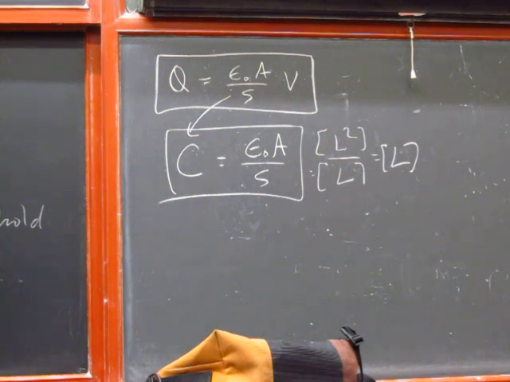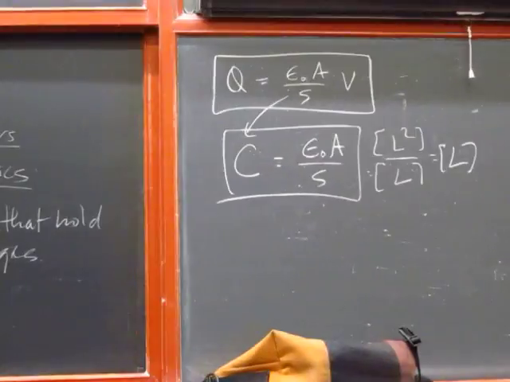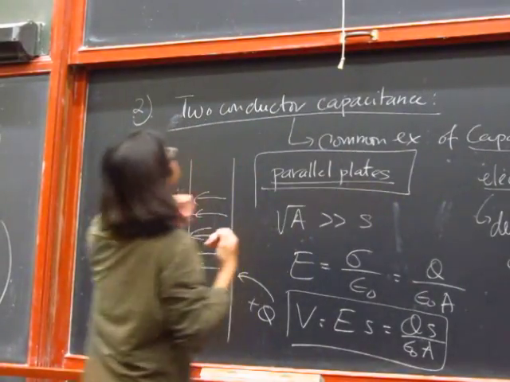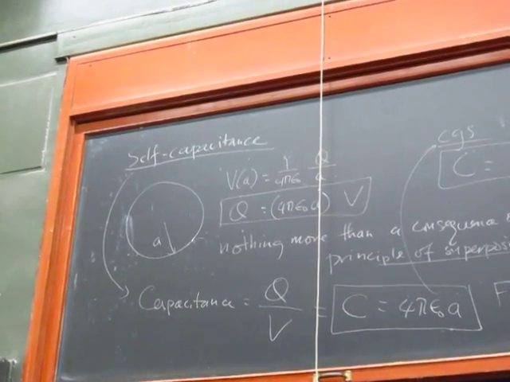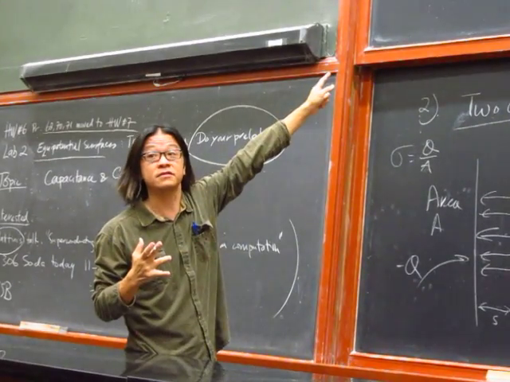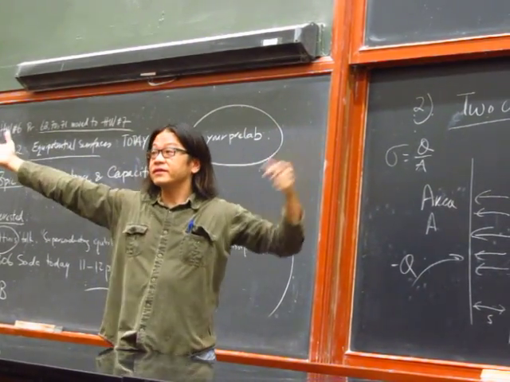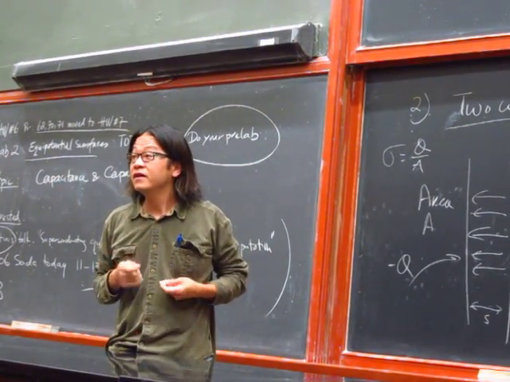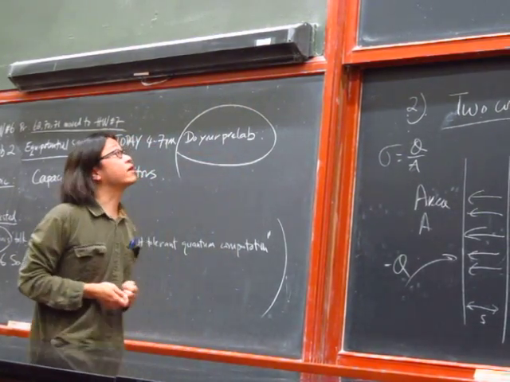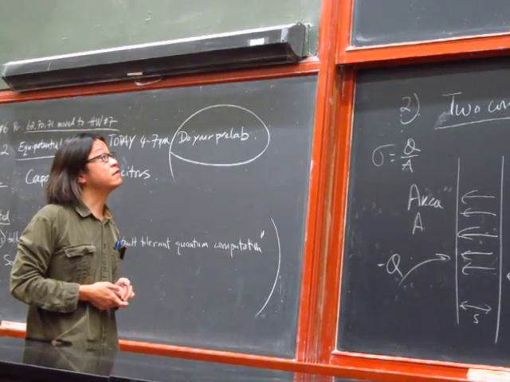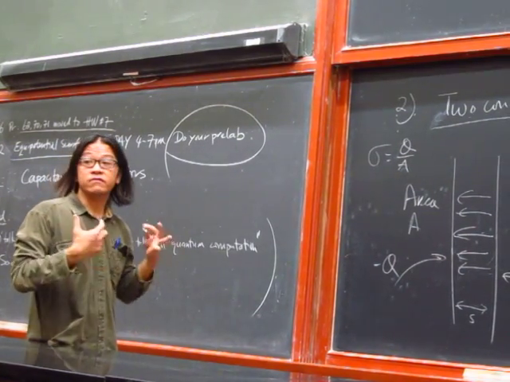And let's see. It's the same kind of idea with the self-capacitance of a conductor, right? You can think of these also as two-conductor capacitors, where the other plate is at infinity. And in that case, the sphere is not really that good of a holder of charges.